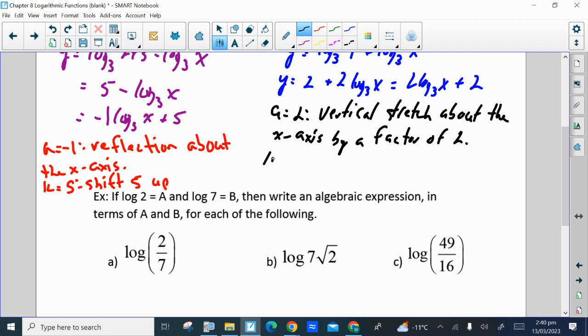And again, we have a k value of positive 2. It's being vertically stretched, so the distance of each point from the x-axis is multiplied by the stretch factor. So it's vertically stretched about the x-axis. If there's a horizontal stretch, that's about the y-axis. So a k value of 2 means the graph is going to be shifting up 2 units.